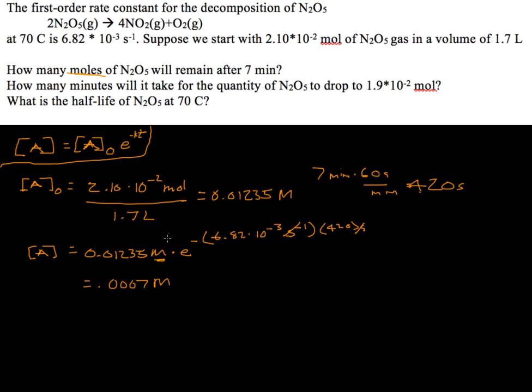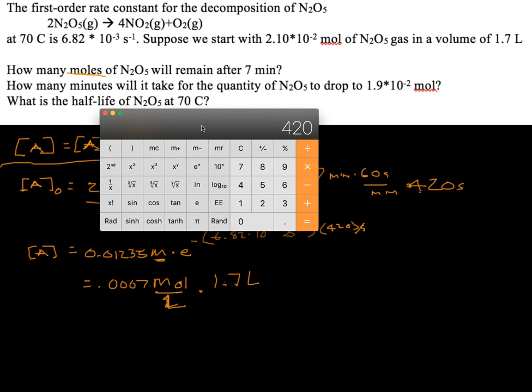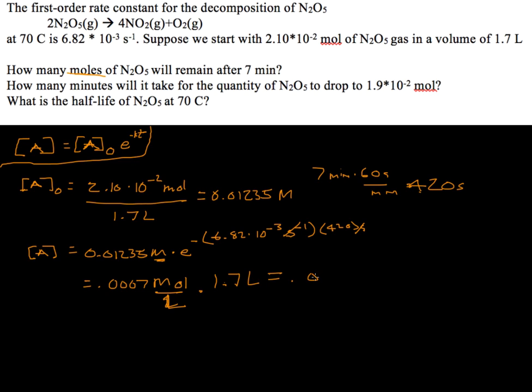Now, to get it back into moles, this is the same as moles per liter, we'll do times our volume, which is 1.7 liters, and 0.0007 times 1.7 is 0.000119 moles, which is the same as 1.19, or you could say 1.2 times 10 to the negative third moles.